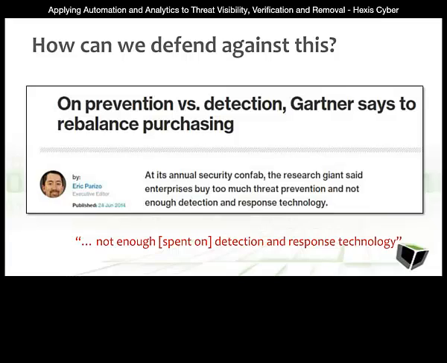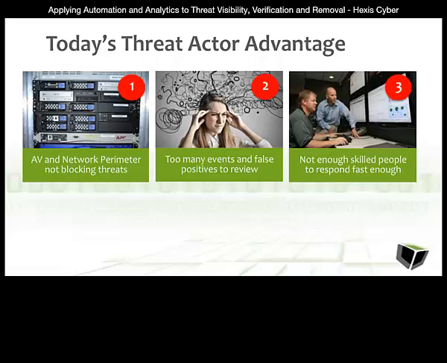Now, of course, we're saying that at Hexis because we have such a platform, but we also use automation to accelerate that at enterprise scale. If today's external threat actor, whether it is a nation state, organized crime, a hacktivist, or even commodity malware, is banking on the fact that the enterprise's AV doesn't work and the network perimeter is easy to evade, they're generating a tremendous amount of events and false positives to review.